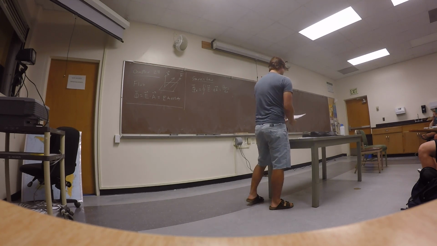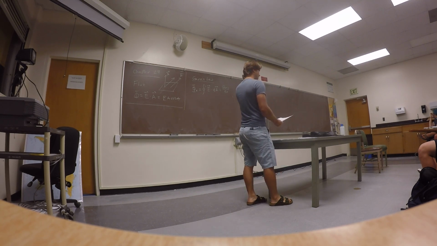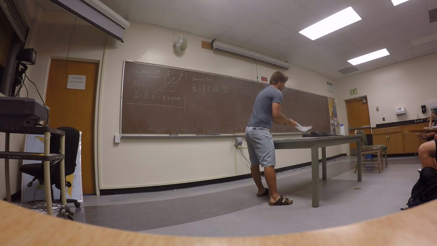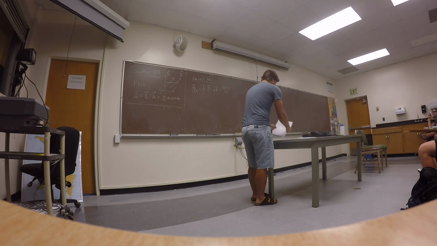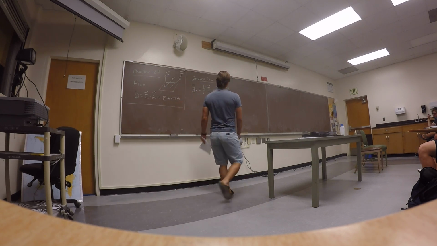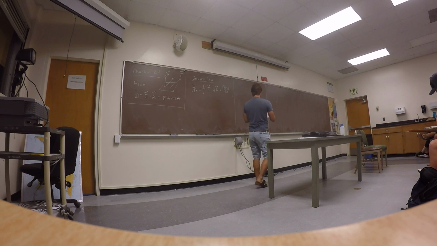So you guys pretty much had this on your quiz, something like it. I'll go over that. We did a charged rod in class. A lot of these examples are going to be in your book. But let's go ahead and do this.